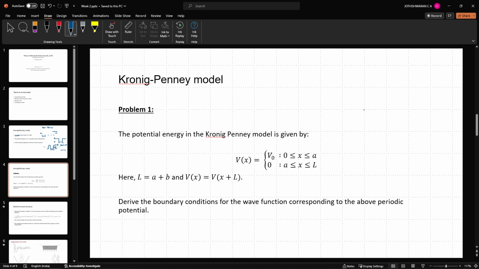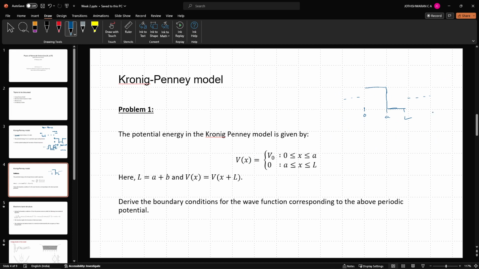It is defined in the region 0 to A, and then to A plus B, which I'm calling L. In this region, the potential is high, V0, and in this region, the potential is 0. This structure repeats itself periodically, so this is a periodic square well potential.